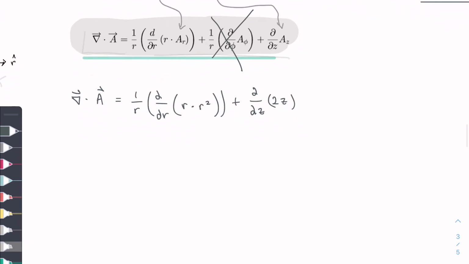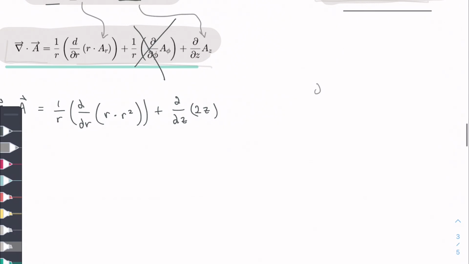Okay, so a quick reminder of partials. When I take a partial, say for example, the partial with respect to x of 3xyz, I only care about this. I'm treating this as the only variable in the expression.